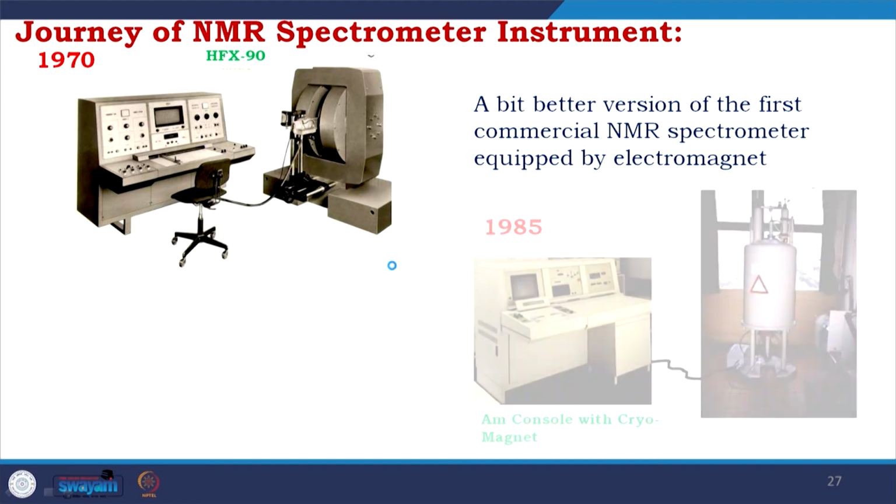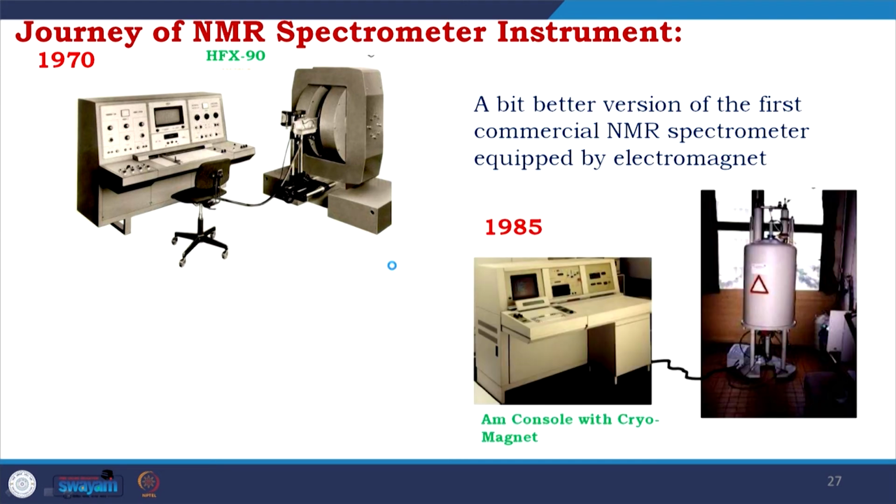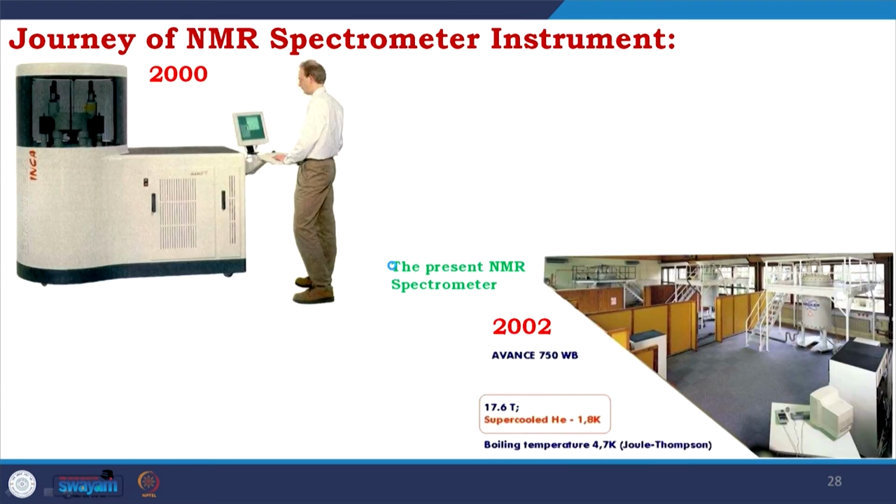Then in 1985, the M console with cryomagnet, the first cryomagnet, was developed. So, this is an NMR spectrometer with the cryomagnet. In the year 2000, there was a fully commercialized and fully automated NMR instrument.